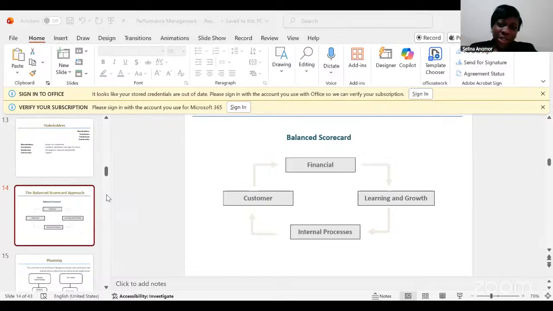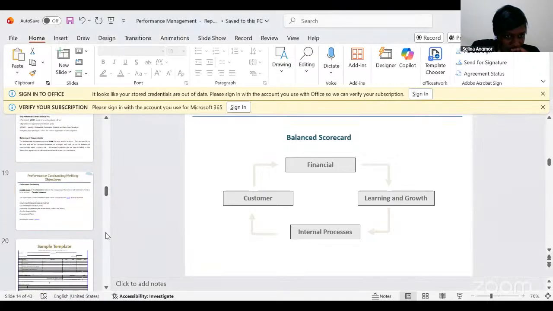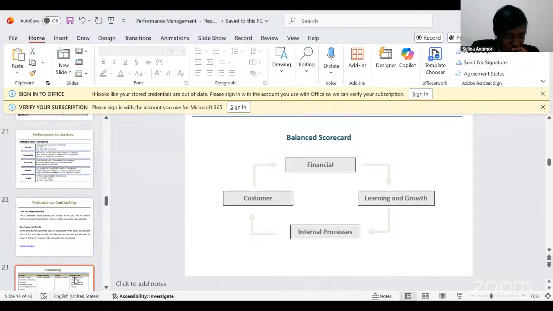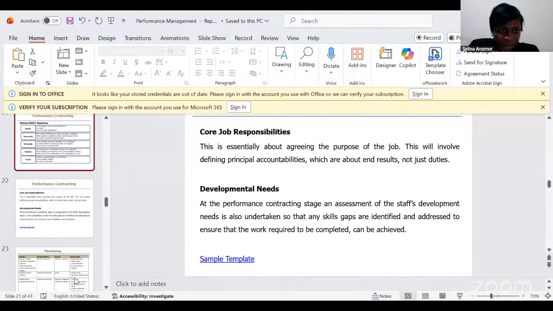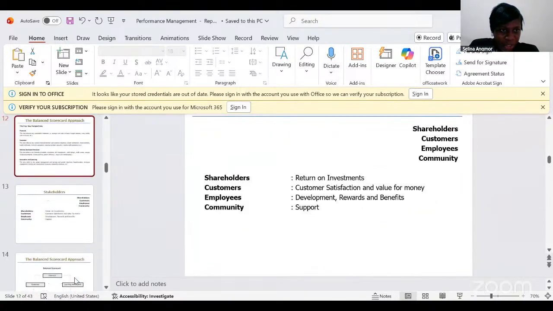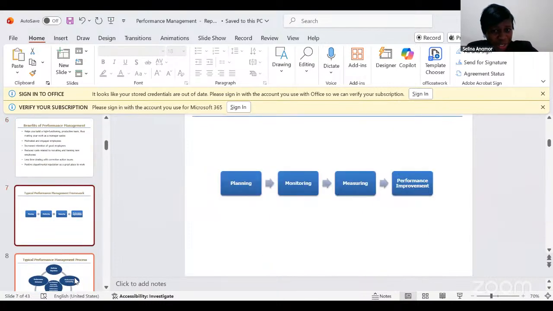Okay, let me explain. I was going to come to the monitoring part, so let me go back to the components of a performance management system. You mentioned appraisal, but you also mentioned the objective setting process.